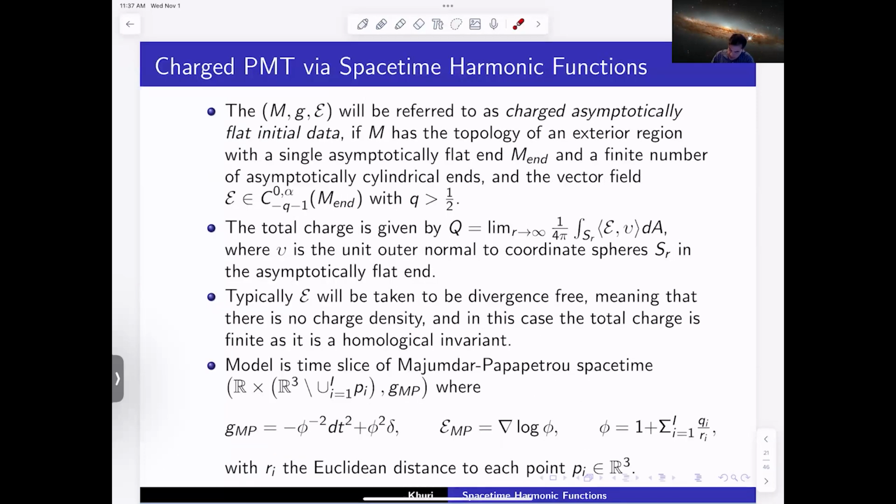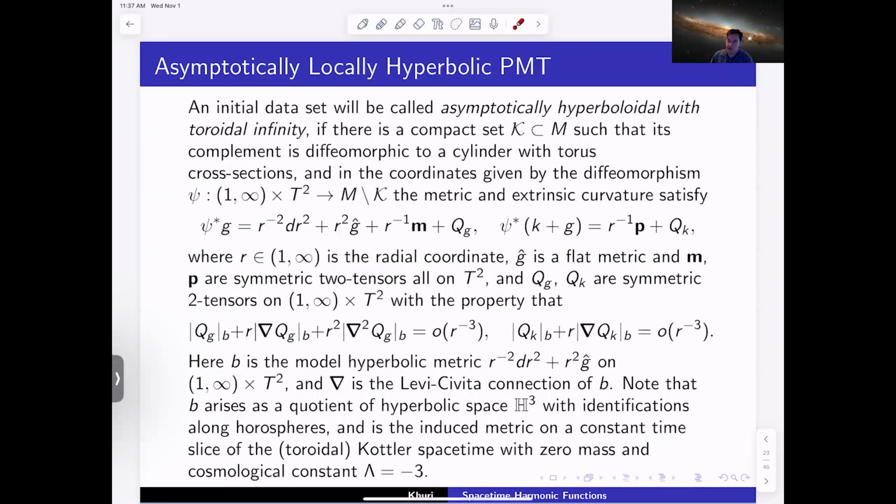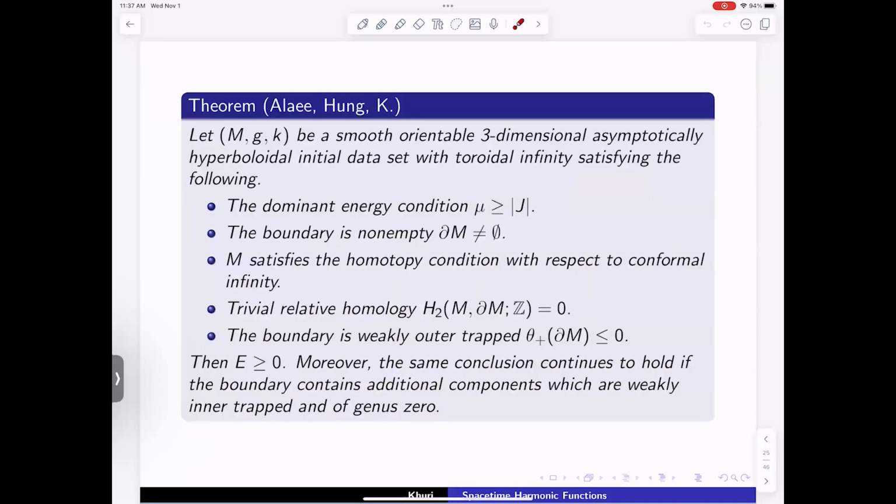Let me maybe, I wonder how much time I have. I should probably skip this charge case and maybe just say a brief word about the toroidal infinity. You have 10 minutes. Oh, 10 minutes. Okay, so let me skip all of this. Sorry.